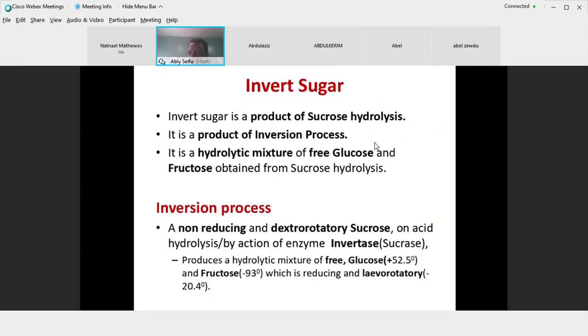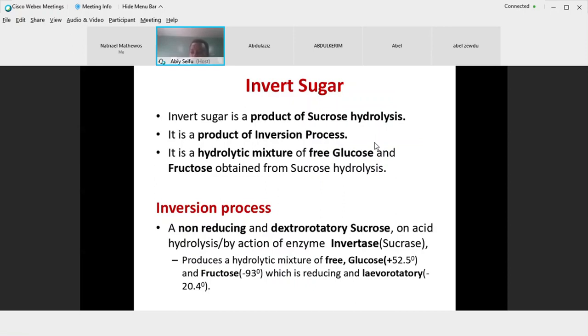Why do we say sucrose is named an invert sugar? Because after hydrolysis, sucrose is changed into glucose plus fructose. And as I mentioned earlier, sucrose is dextrorotatory, whereas fructose, after hydrolysis, has a high magnitude of levorotation.